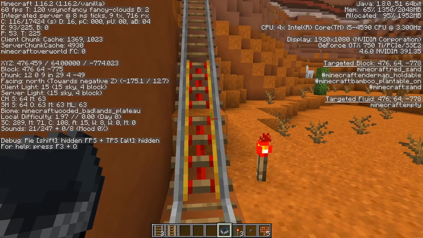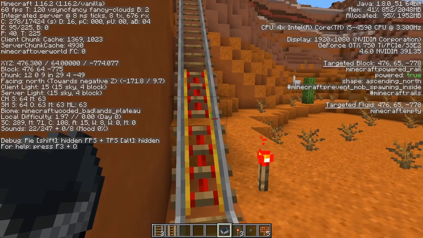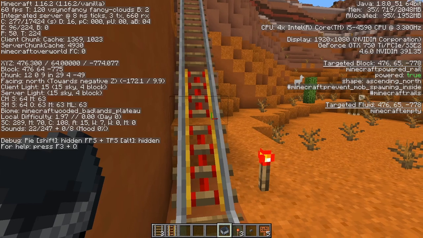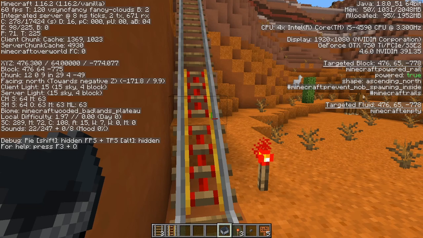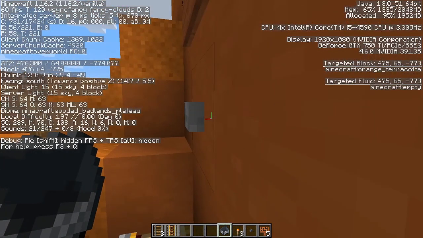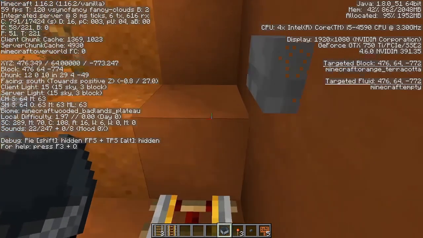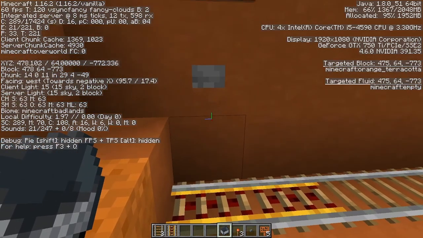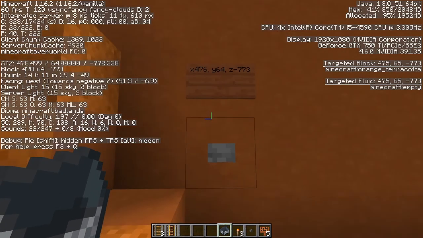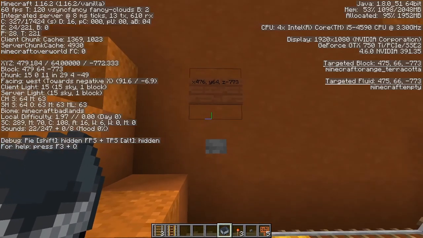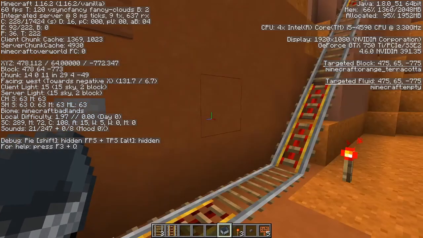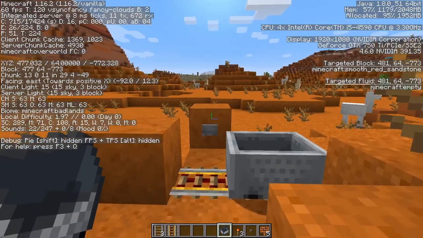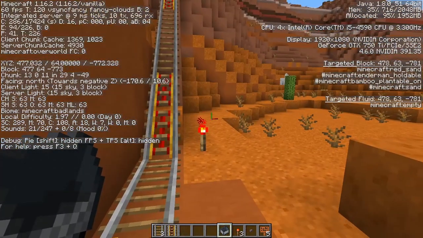Also, fourth line down from the second paragraph, it'll tell you that you are facing north towards negative Z. In Minecraft, negative Z coordinates are considered north, and the opposite would be south, positive Z. And then it's the opposite for X. In the direction we're facing right now, this is facing west, negative X, and then east would be positive X. So this is going to matter in a few minutes.